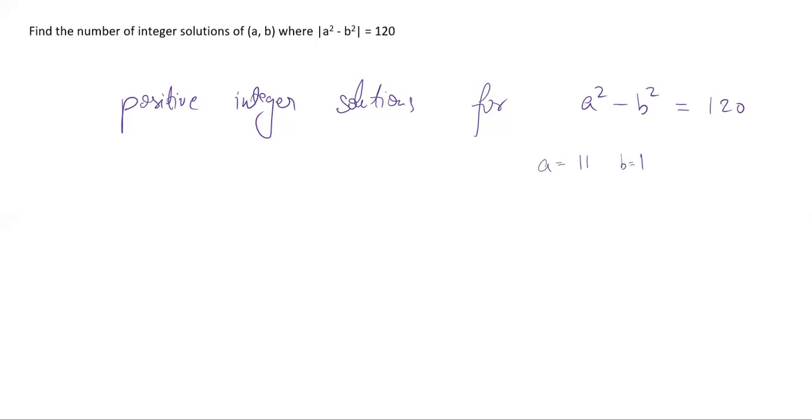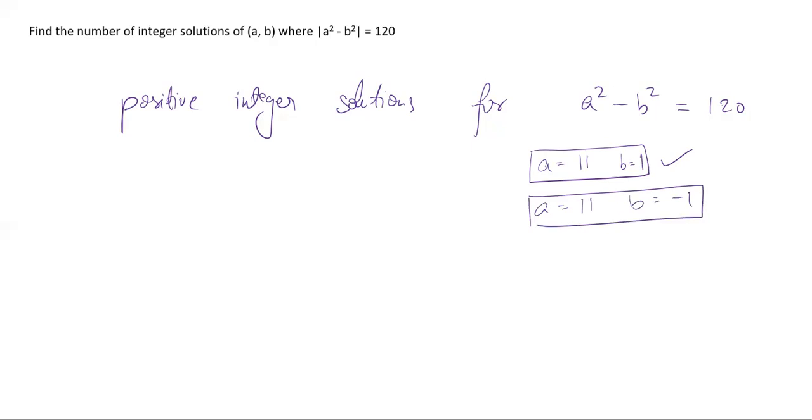But if I think about integer solutions, for this particular solution, I will have four different variations. One is this itself. Another is a as 11, b as minus 1, which is acceptable because b being 1 or minus 1, b square doesn't make any change. A is equal to minus 11, b is equal to 1, same logic.